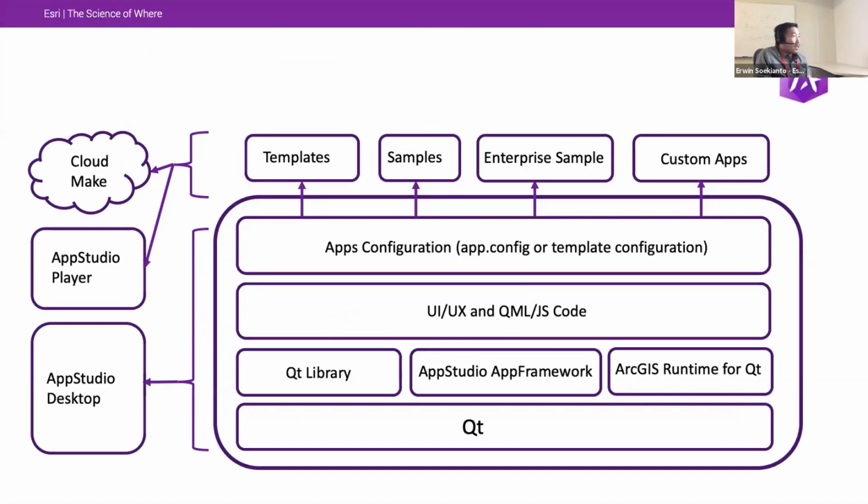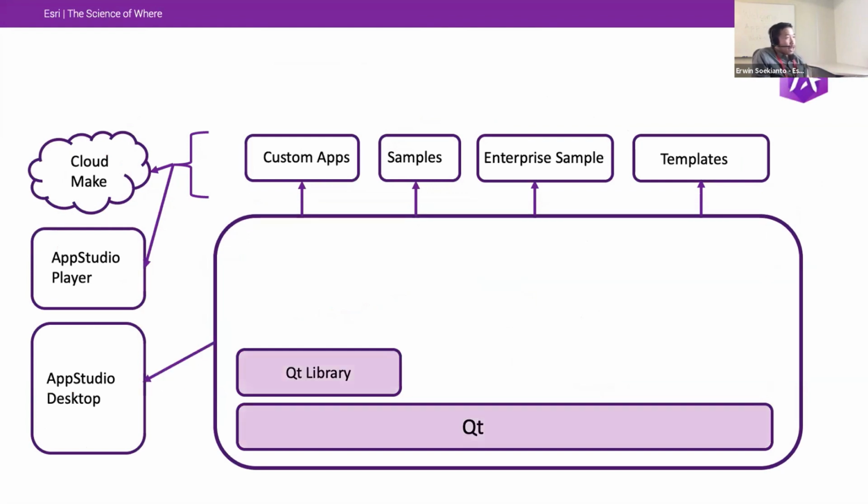So this is the content of the box inside AppStudio. But one thing I want to talk about is the Qt. Chris has mentioned that everything we do is based off of the technology by the company called Qt. The one that we use is based off C++, but as an AppStudio user, you're not even going to see C++ at all.